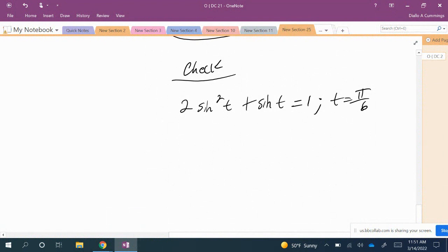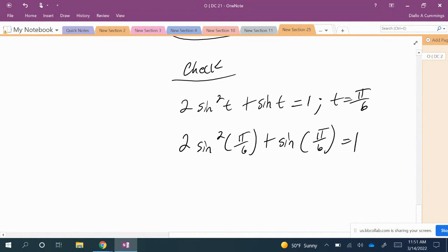I'll just write it out first. So this is 2 sine squared pi over 6 plus the sine of pi over 6 is equal to 1.